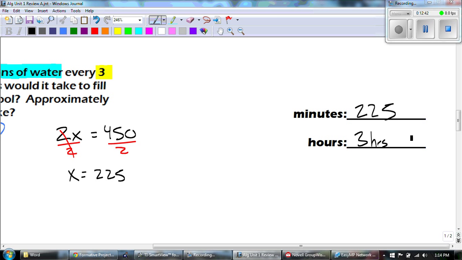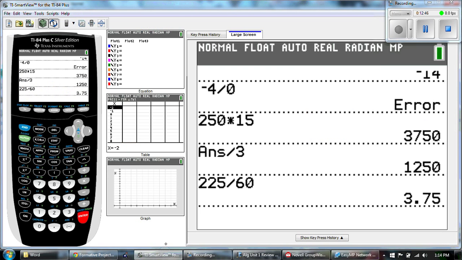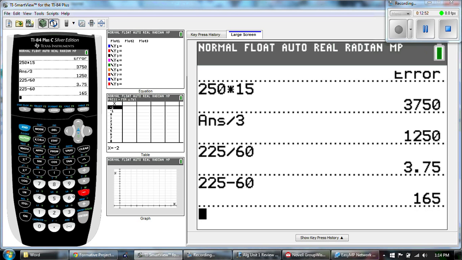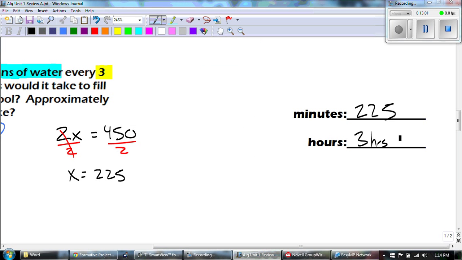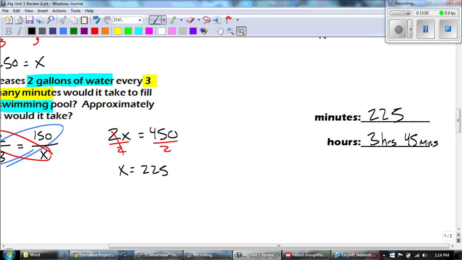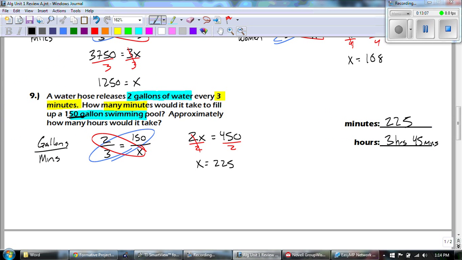Another way, guys, if you're having trouble, we have 225. I'm going to subtract an hour. That's 1 hour. That's 2 hours. That's 3 hours, and I'm left with 45 minutes. So 3 hours and 45 minutes for our exact time.